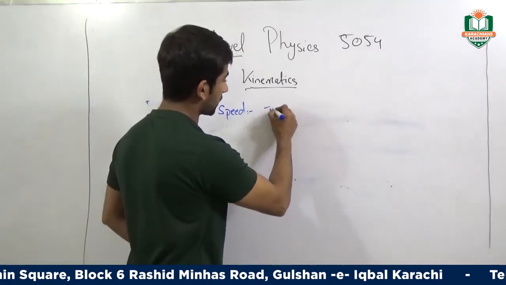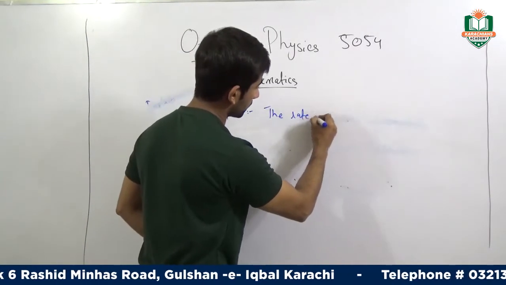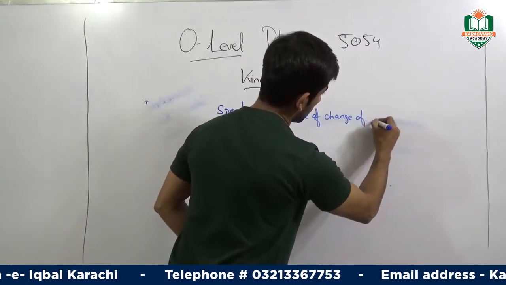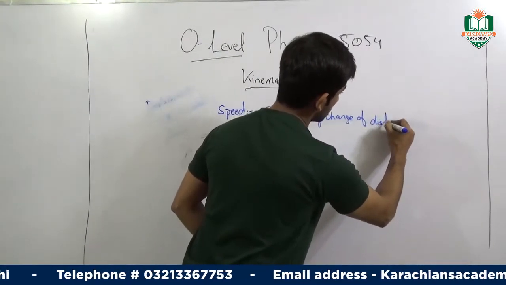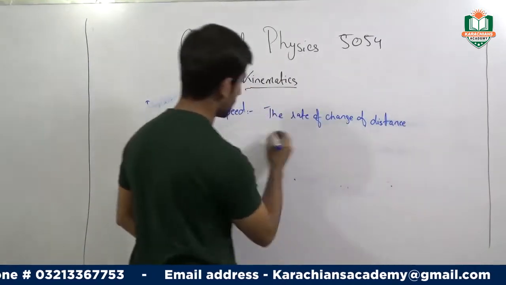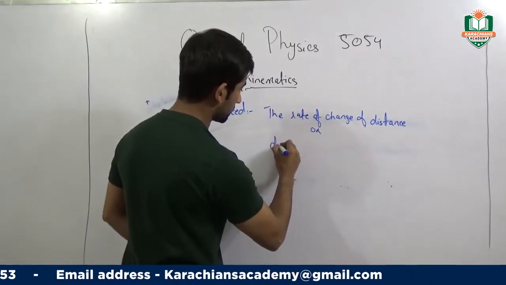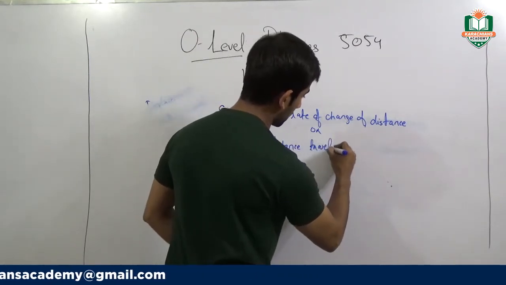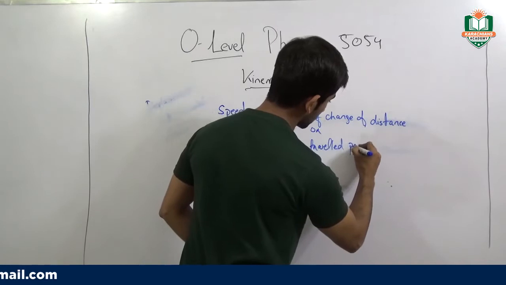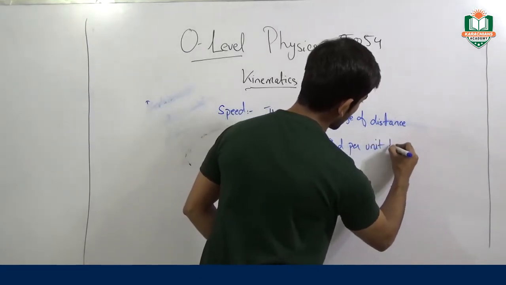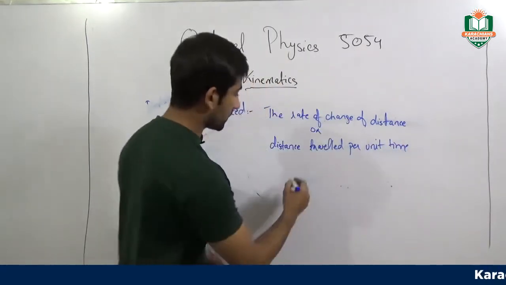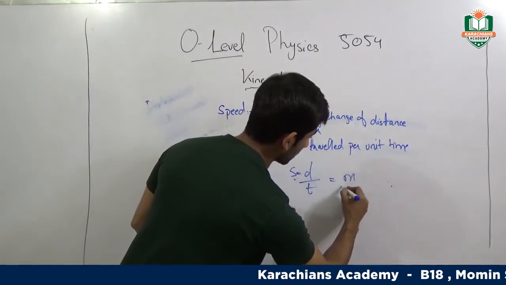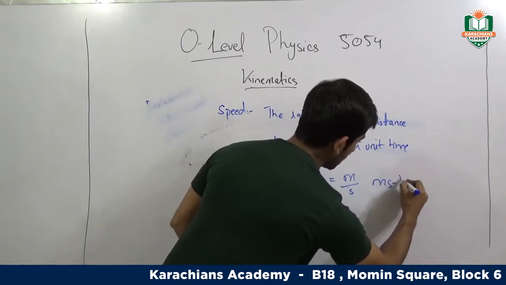Speed is the rate of change of distance, or distance traveled per unit time. So speed is distance upon time, which is meters divided by seconds. ms minus 1 is the SI unit.